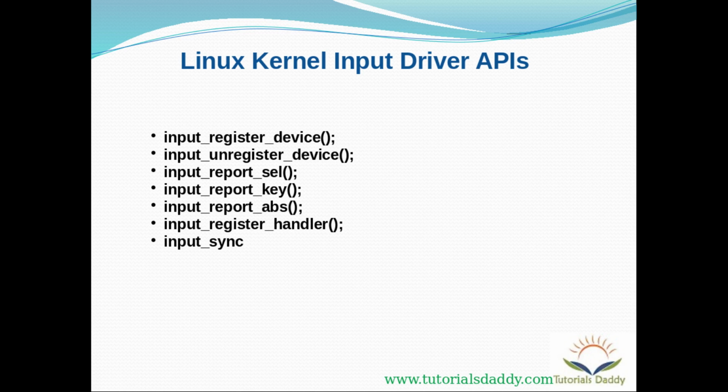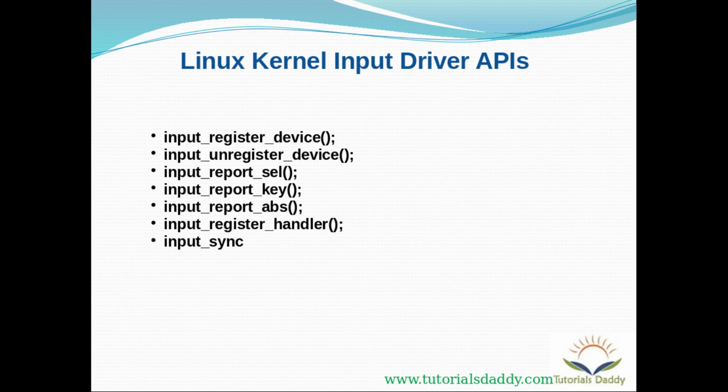Input report REL means you are specifying an event in a specific direction, maybe in the X direction, Y direction, or some other direction. Input report key means you are reporting an event to the input subsystem, like a keyboard event. Then report ABS is for absolute coordinates, which we use in our touch panel driver.